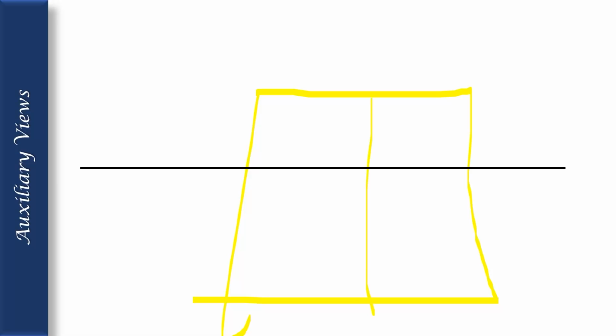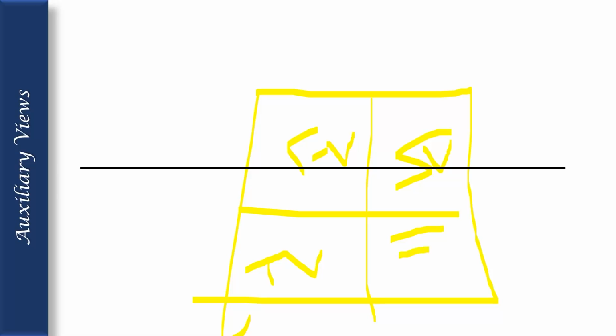Already I have told you how to draw a line. If this is the drawing sheet divided into 4, then this will be the front view, top view and side view, and here you will write the content: your name, department, year, registration number, etc. But here we don't draw the side view. In the place of the side view, we'll draw the auxiliary inclined plane. Got it?